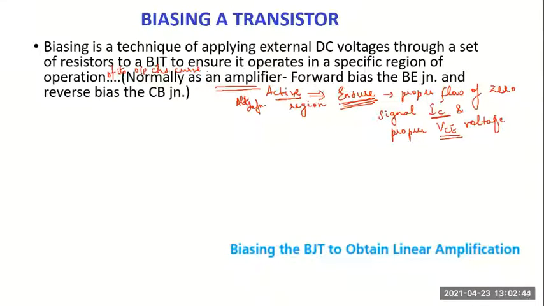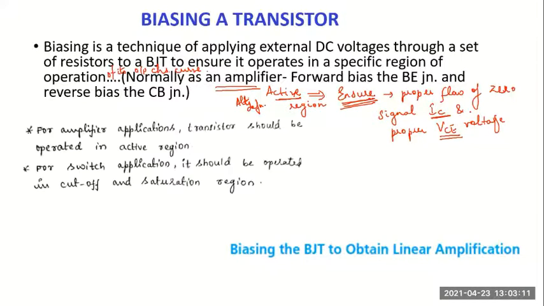Basically, biasing is a way of making a transistor work in a proper region of operation, usually the active region, so that we forward bias the base emitter junction and reverse bias the collector base junction. That is biasing. We can do it directly using DC supplies, or normally we will do it using a set of resistors rather than simply doing it directly.